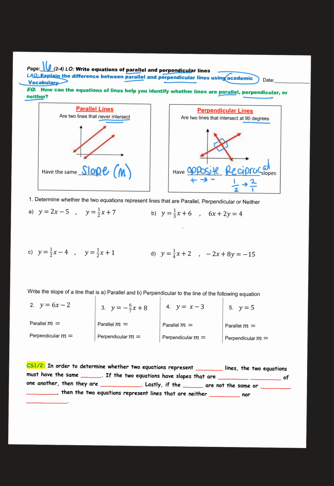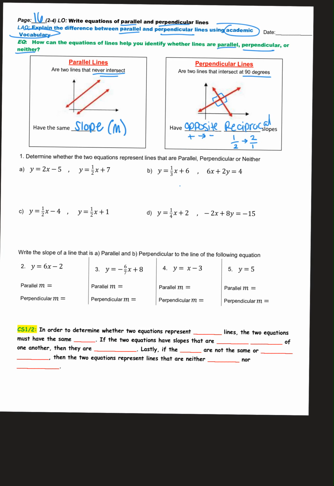So example number 1, we need to determine whether the two equations represent parallel, perpendicular, or neither of the two lines. So if I look at A, I'm going to look at my m. I'm just looking at this term right here. I know that 2 is not the same as 1/2, so they are not parallel because they are not the same.